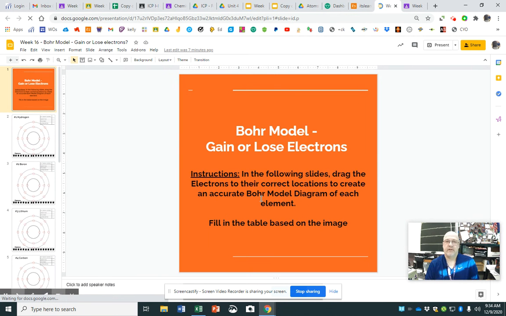From your reading and from the videos you've watched, and from the notes you've taken, you'll know that if an atom has 1, 2, or 3 electrons in its valence shell, that's the biggest shell that it has, it will lose them all. And if it has 5, 6, or 7 electrons in its outer shell, it will pick up enough electrons to make them equal 8. If it already has 8 in its outer shell, it just won't do anything.